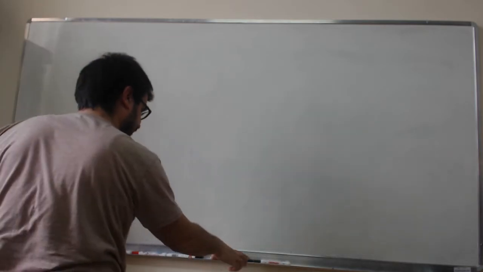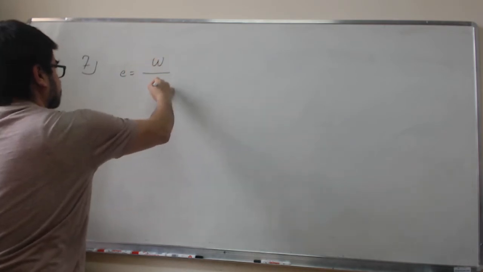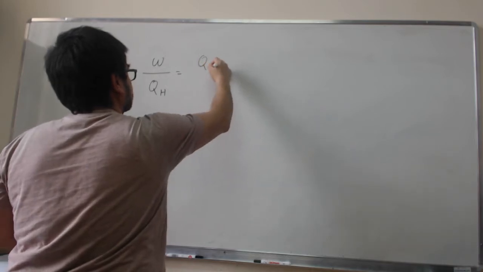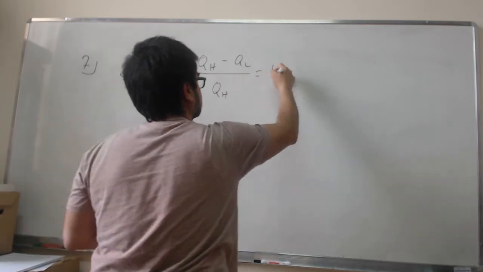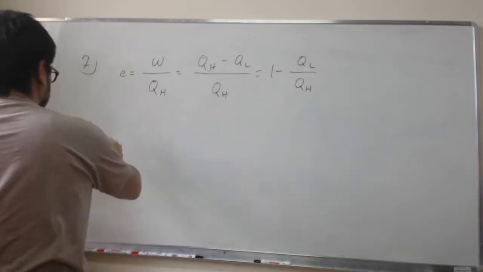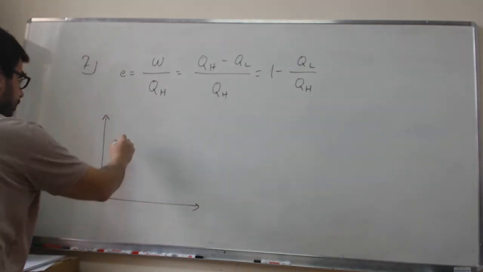So let's see if we can actually do it. This is problem 7. Now they're asking for efficiency. Efficiency is just the work done divided by the heat input, but work done is of course QH minus QL, divided by QH. So this comes to 1 minus QL by QH. Sorry, let me actually draw the cycle here so we will know what we're talking about.